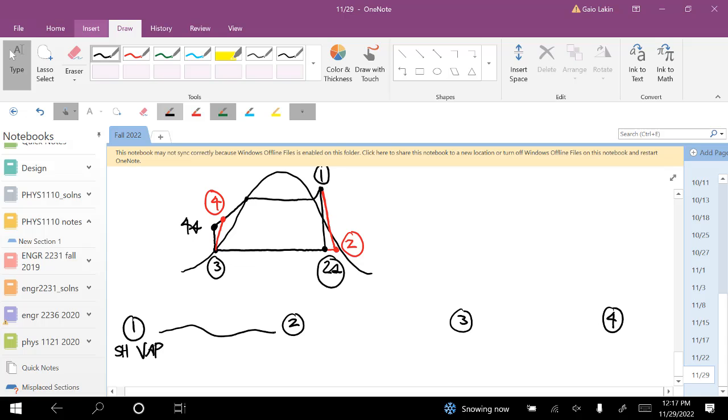And going from state 1 to state 2, let me write, so for these things that we're going to calculate, let's do the calculations in the isentropic cases.